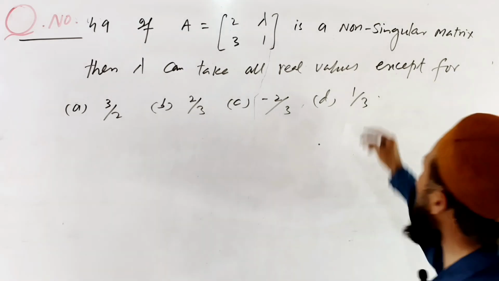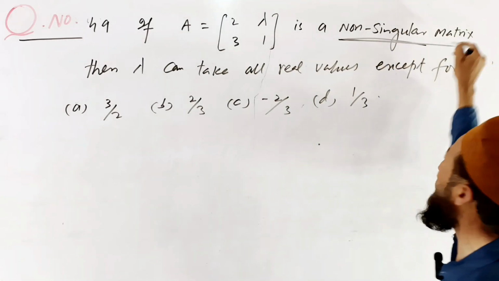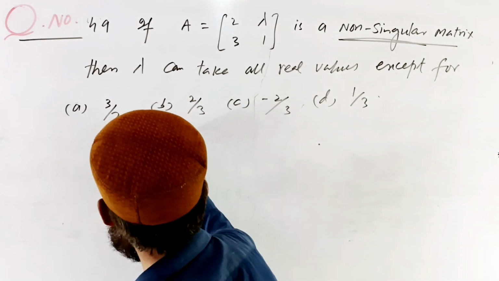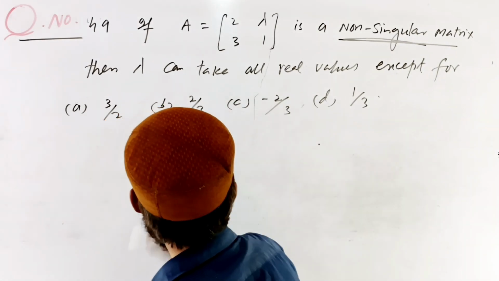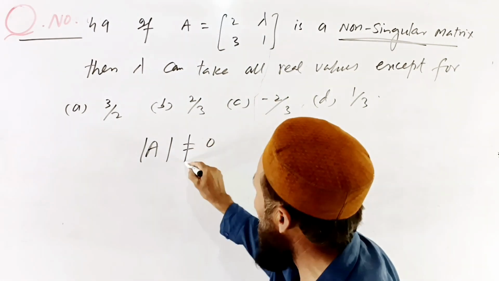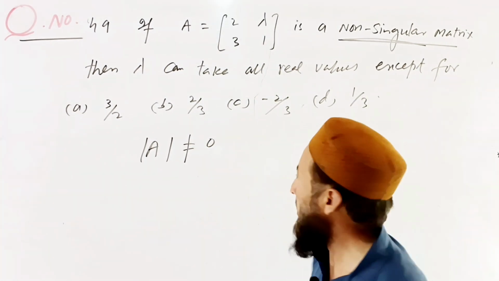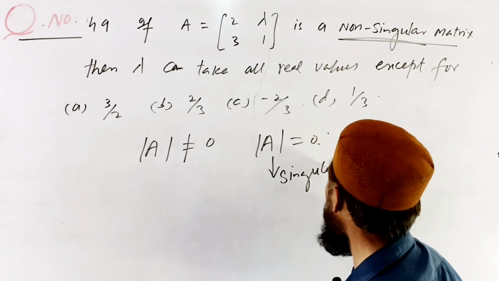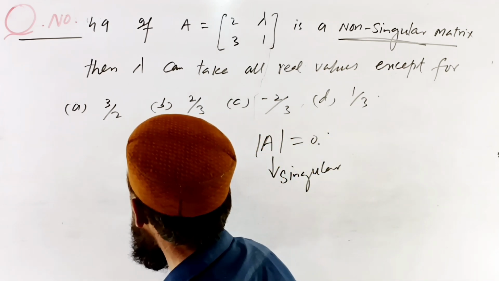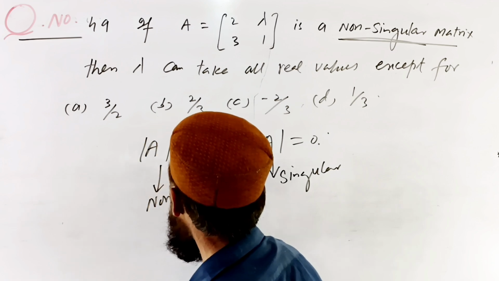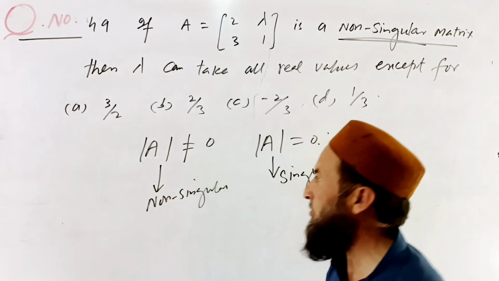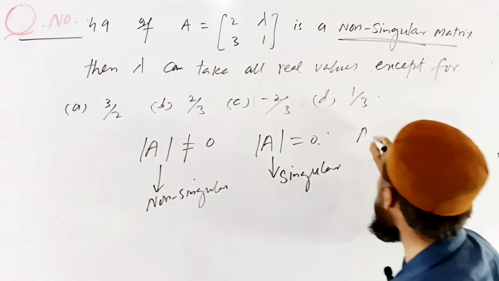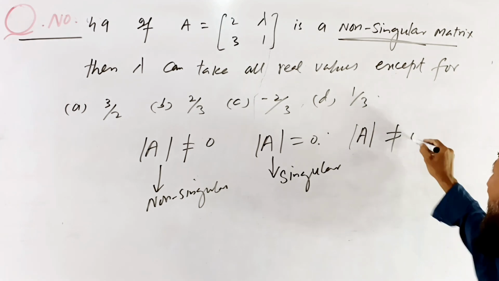Look here, the given condition is that it is a non-singular matrix, which means the determinant is not equal to 0.